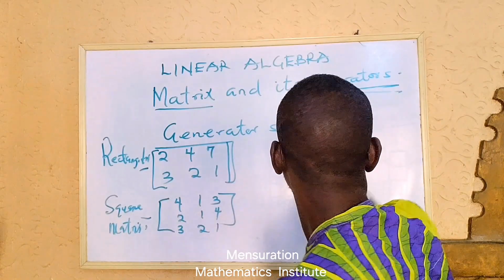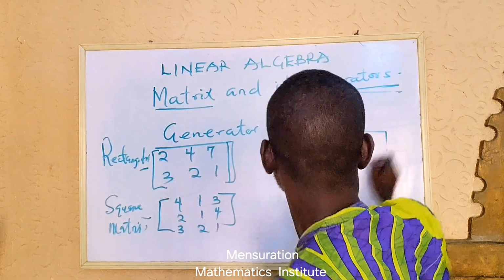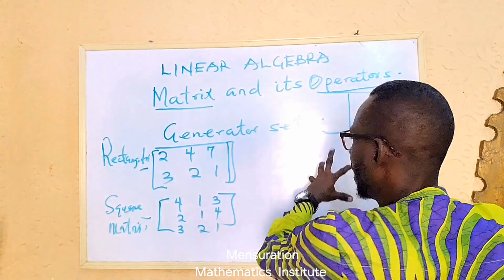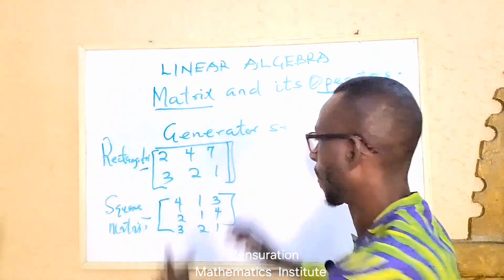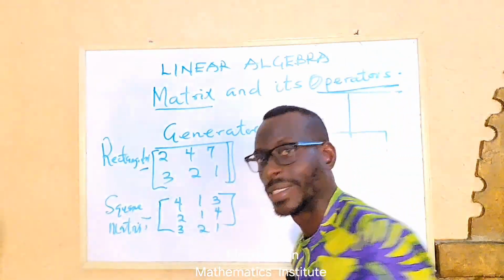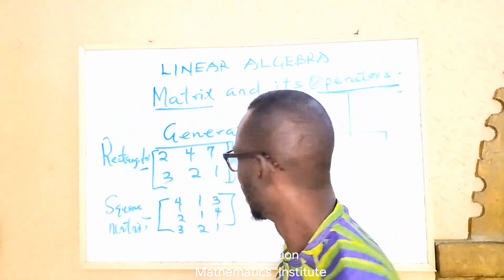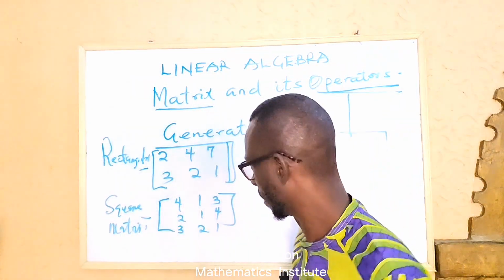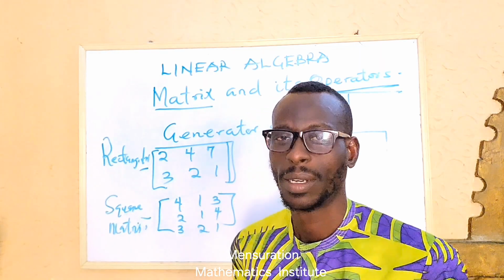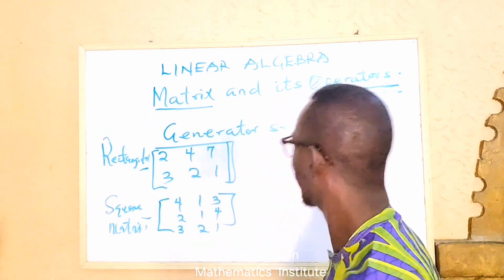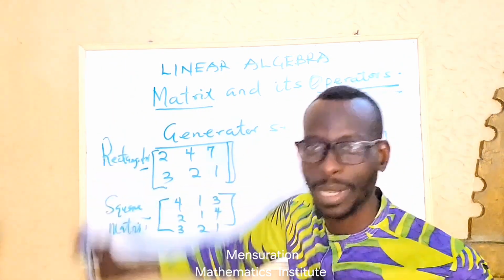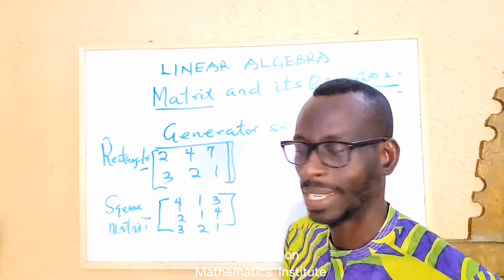Let's move to the operators. We said the operators are the tools that are applied on the matrix to produce a result. The rectangular, the square, or whatever form of matrix stands on its own until an operator is added upon the matrix in order to generate a result.